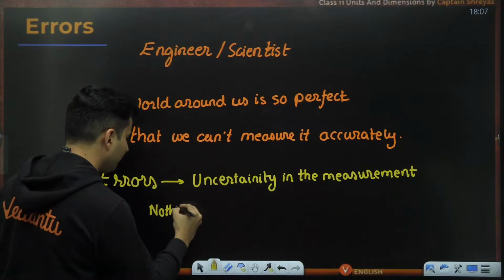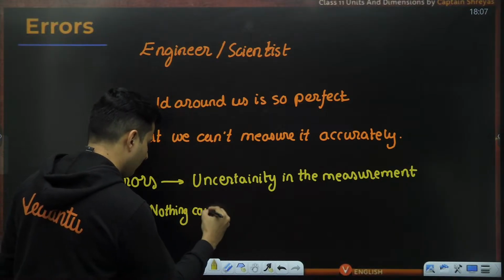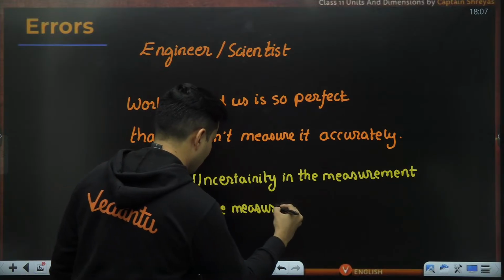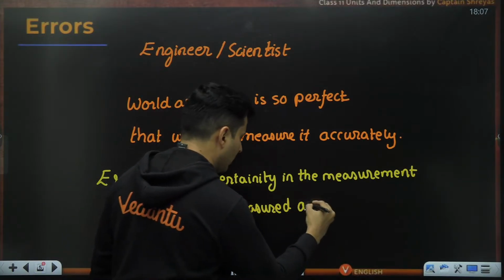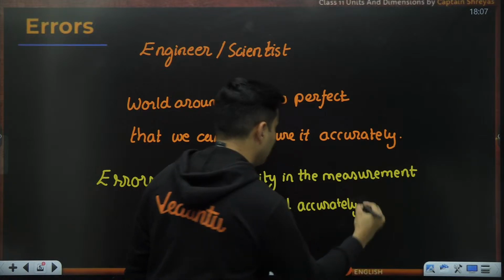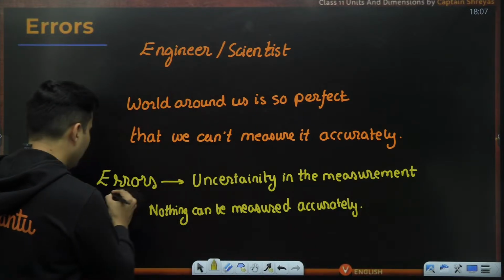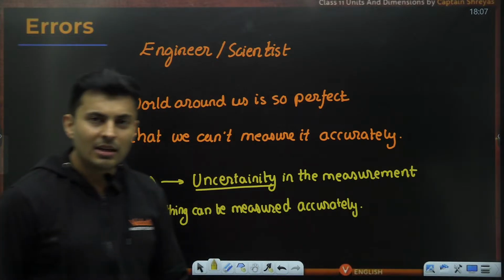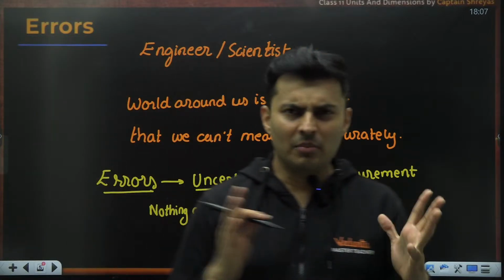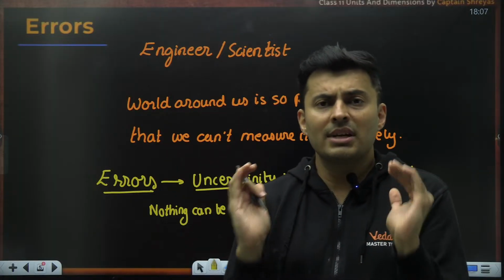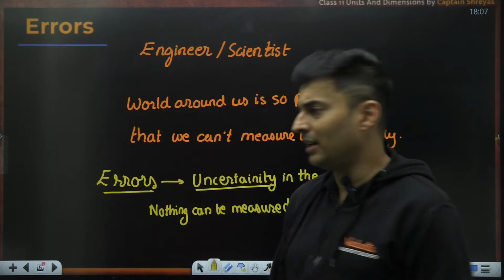Nothing can be measured accurately. There is always some kind of error in the measurement, or basically uncertainty, where I'm not sure how much is the exact value. I can give you a range of values in between which the exact value might lie.